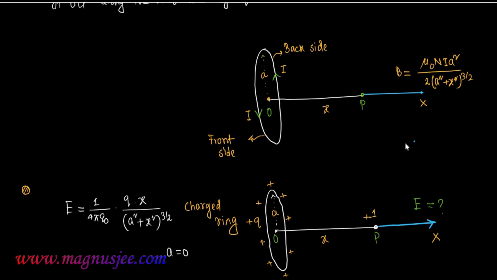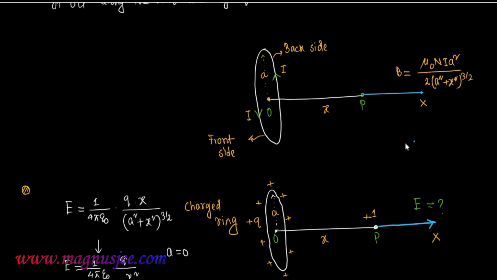So for a small charged ring, the radius a is 0, and we can find E as 1 by 4 pi epsilon 0 q divided by x square, that is the electric field intensity due to a point charge.